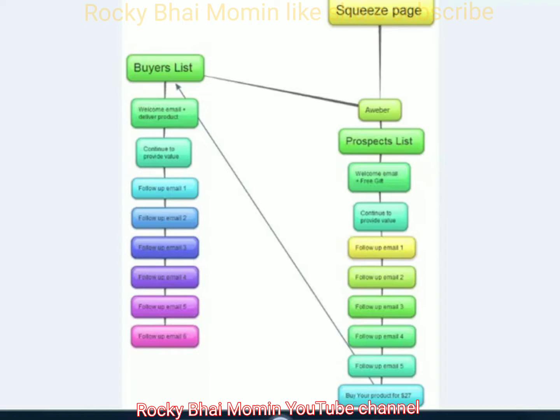The whole point of using a sales funnel is so that you can build your business as fast as you possibly can and with the most efficient means possible, and by that you use an autoresponder and a squeeze page, so everything is taken care of. Your autoresponder follows up with your prospects and it automatically segments people into buyers lists.